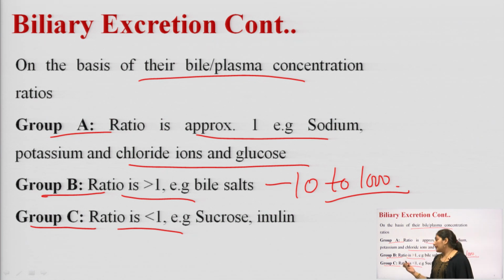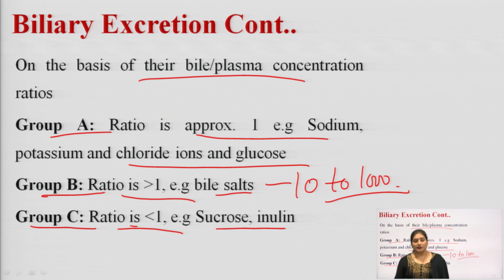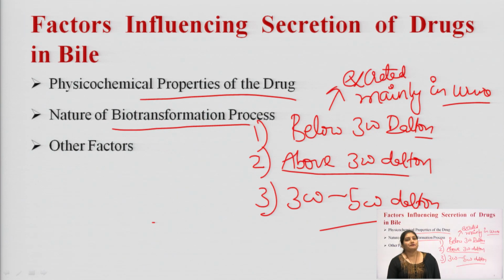The examples are bile salt, bilirubin, phospholipids, etc. In group C, the ratio of bile to plasma drug concentration is less than 1, for example, sucrose and inulin.